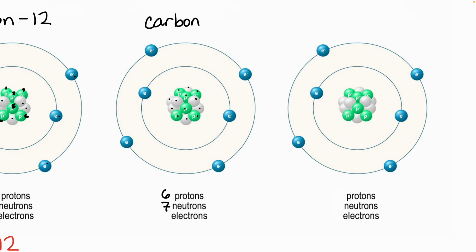If we look at our last example here, this one has 6 protons and 8 neutrons. I want you to finish naming these 2 atoms here.